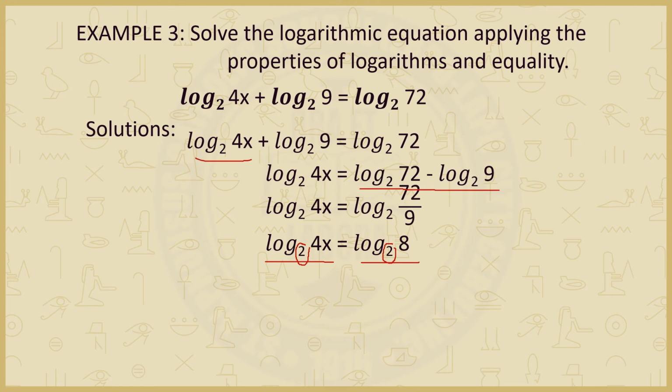Now, we are going to use the property of equality of logarithmic equations. So, we will be getting 4x and 8. Equate this 4x and 8 and it will become 4x is equal to 8. Now, divide both sides of the equation by 4 and x is equal to 2. Thus, the solution set is 2.